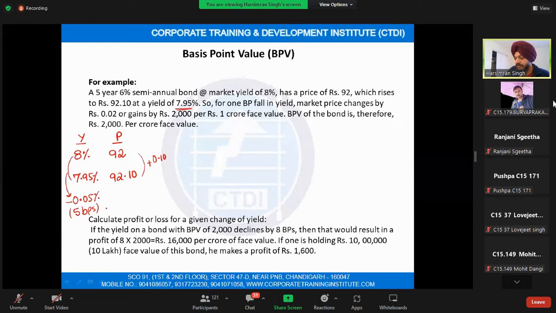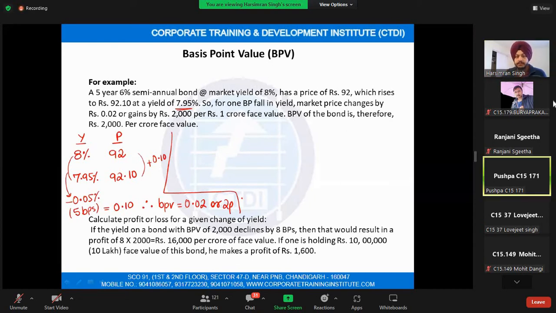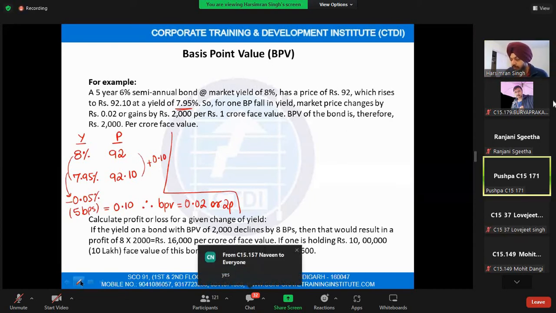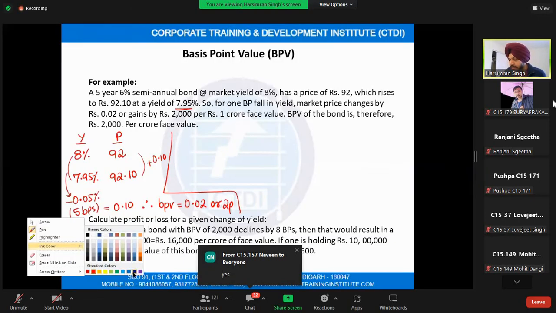So 5 basis points is equal to 0.10. Therefore, BPV, basis point value, is equal to 0.02 or 2 paisa. Is that clear? Yes or no? Up to this point, is there any doubt to anybody? No sir, clear.